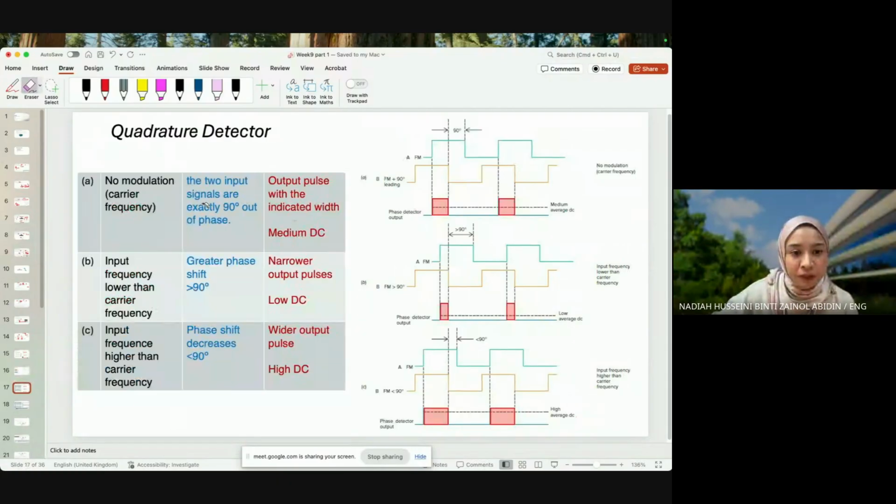The two input signals are exactly 90 degrees out of phase when there's no modulation, only carrier frequency, FM equal to FC, so the output pulse is medium DC. If the input frequency is lower, you get a greater phase shift and produce low DC. If the input frequency is higher than the carrier, the phase shift is less than 90 degrees, and you get high DC.